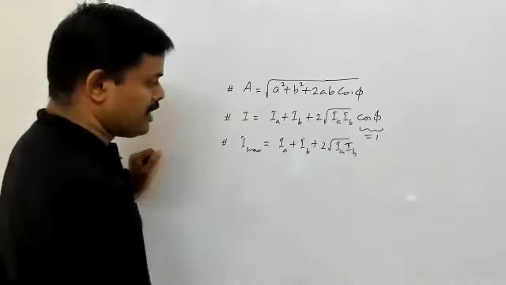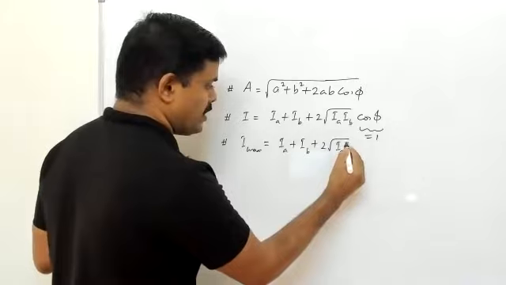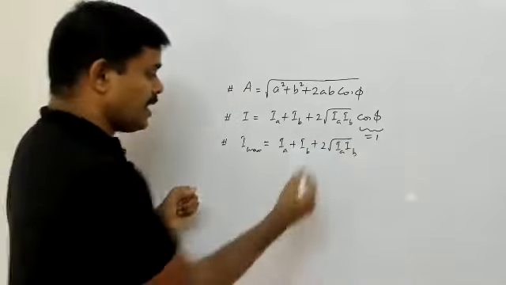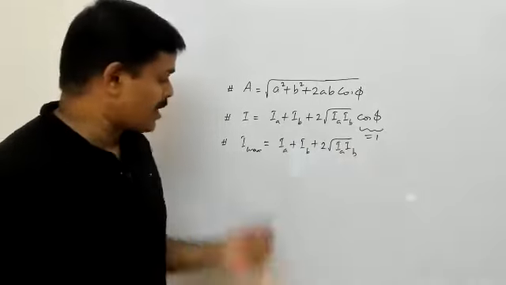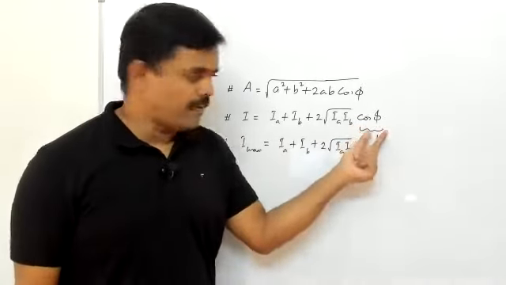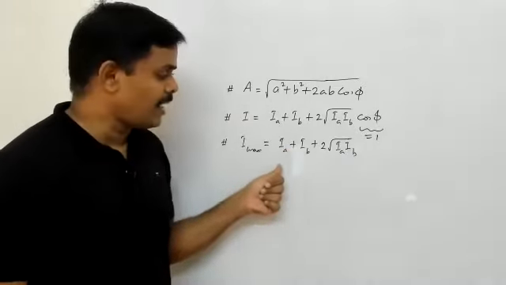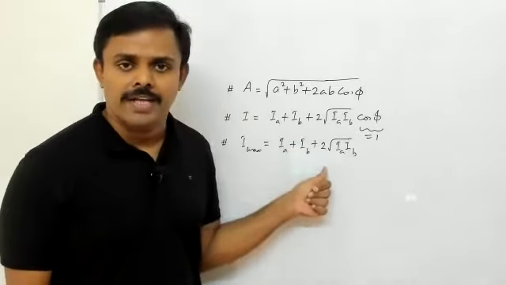In school, they might have taken this as I1 plus I2 plus 2 root I1 I2. I'm taking it as IA plus IB plus 2 root IA IB because for maximum, cos phi has to be 1.